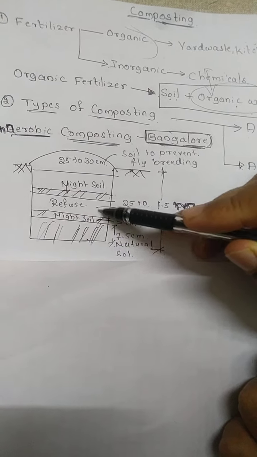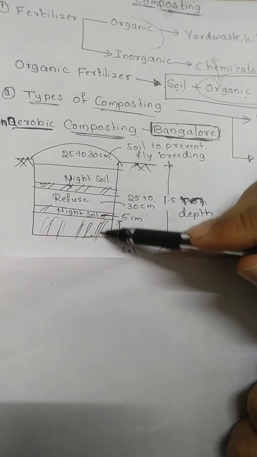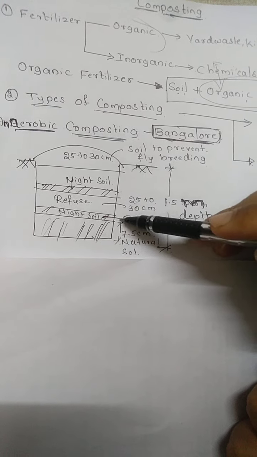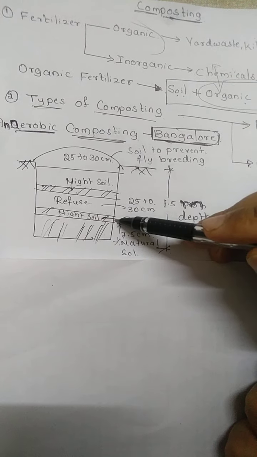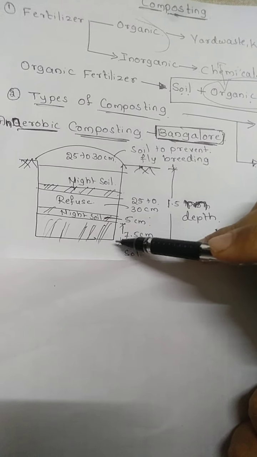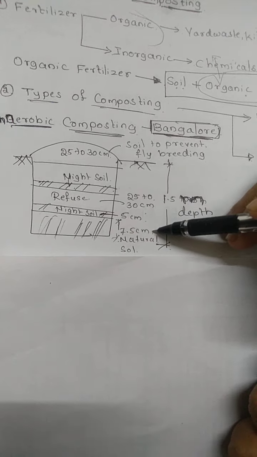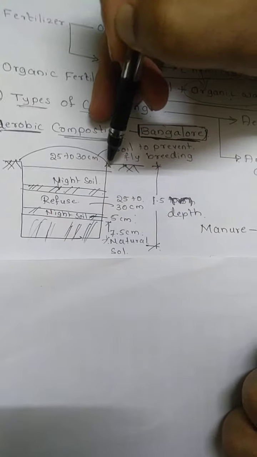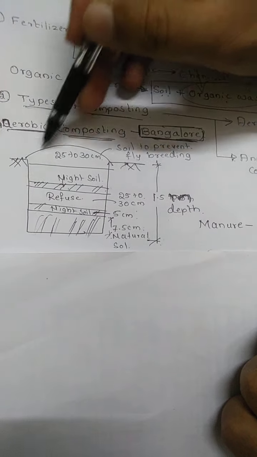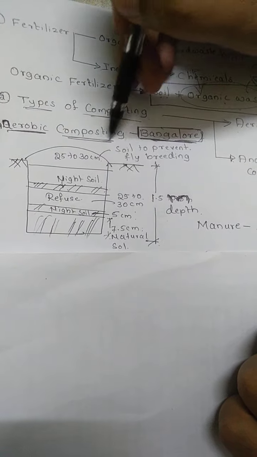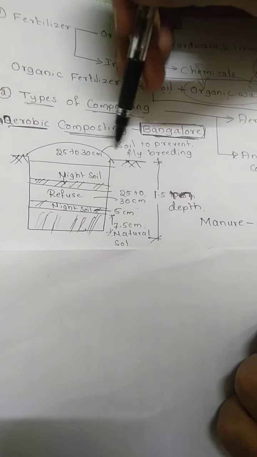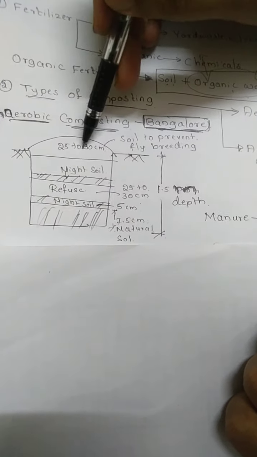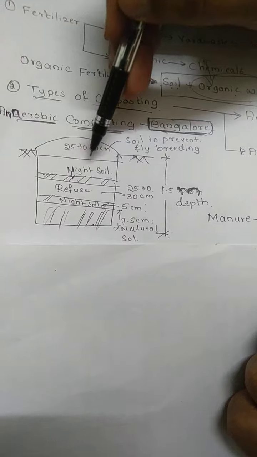The night soil should not have direct contact with the soil, so we place 7.5 centimeters of natural soil. And again at the top, we place a soil layer up to a depth of around 30 centimeters.